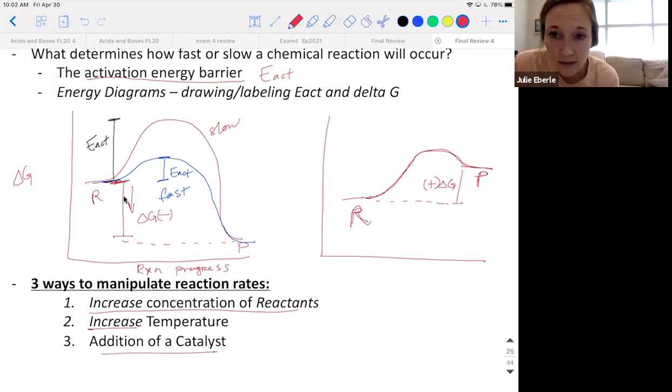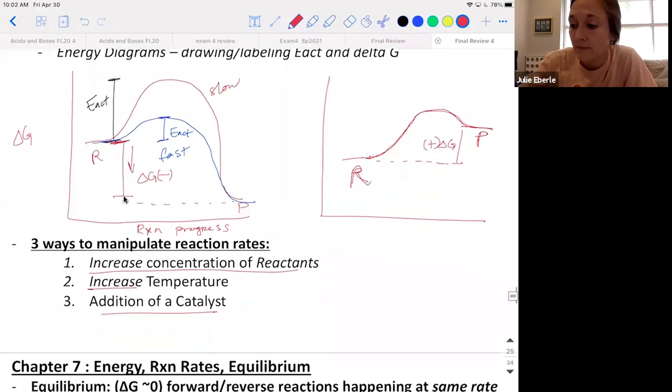If you do the opposite of these things, if you decrease the concentration, decrease the temperature, or if you don't add a catalyst, nothing's going to change. But if you decrease concentration or temperature, your reaction rate would slow down. But if you increase concentration of your reactants, or you increase the temperature, you heat those particles up, they'll move faster, they'll collide more often, that would increase the rate.